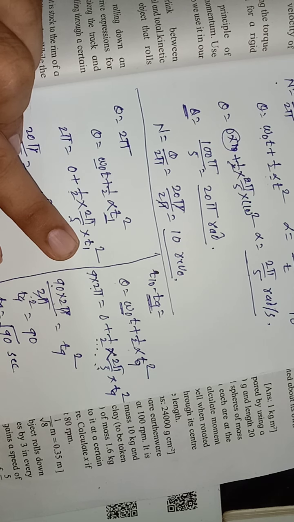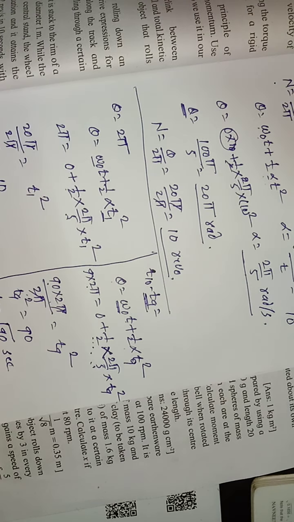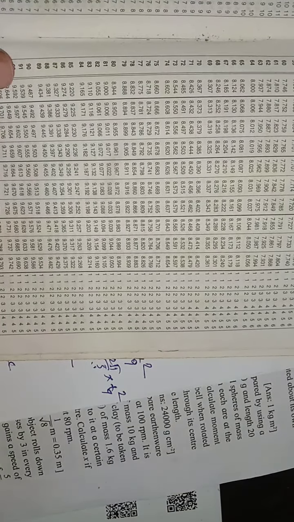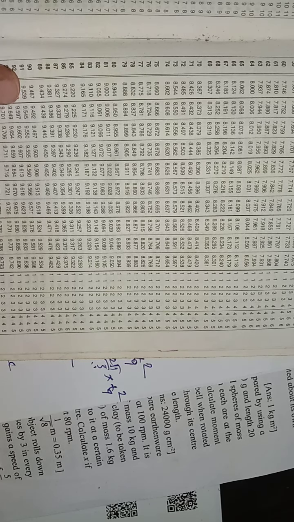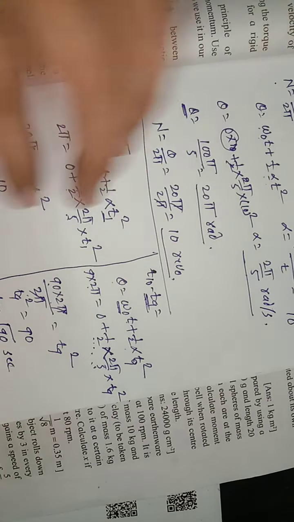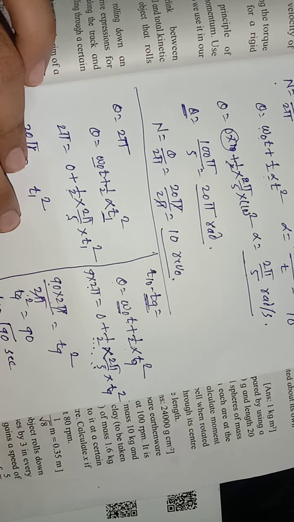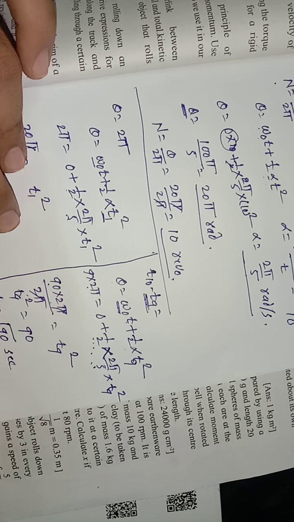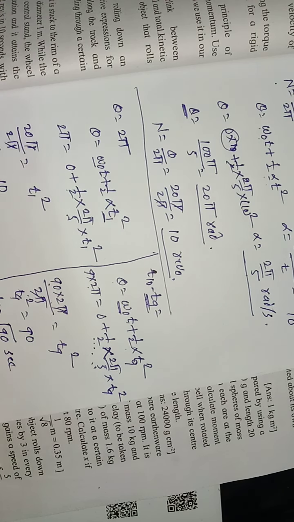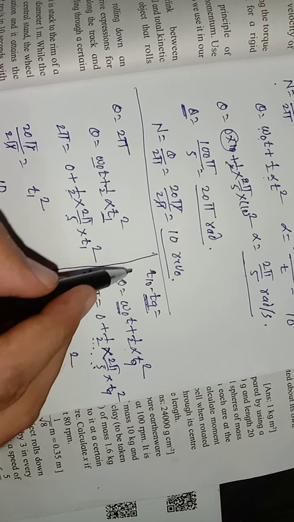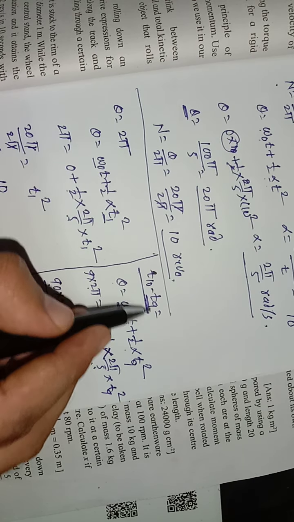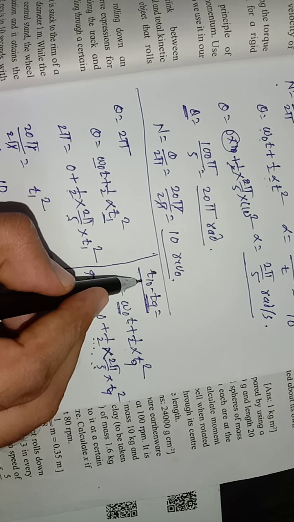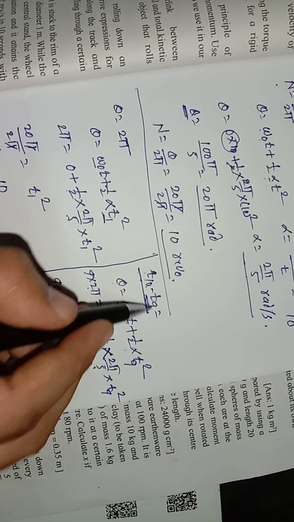So we can calculate t9, the value of under root 90, which is 9.487 seconds. This is the time for t9. So we have to calculate the time taken by the ant to complete its last revolution, that means t10 minus t9.